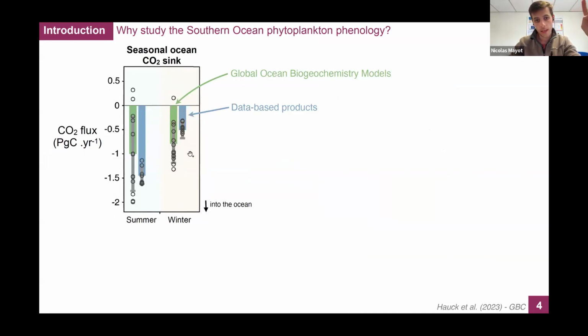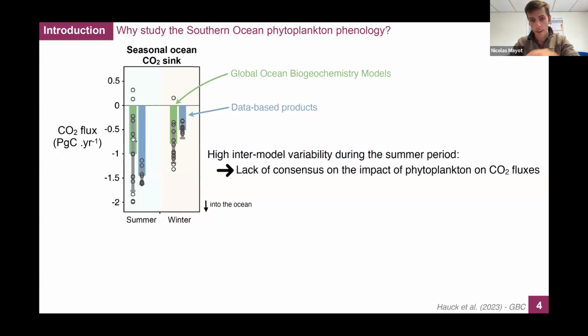And what you can see here is that during the winter season, all models kind of agree together. There is kind of a consensus about the value. But in summer, there is a high intermodel variability in terms of the CO2 which is being absorbed by the Southern Ocean.